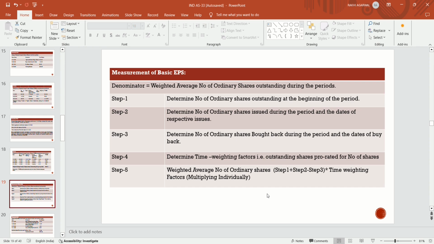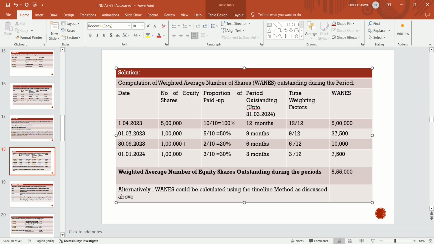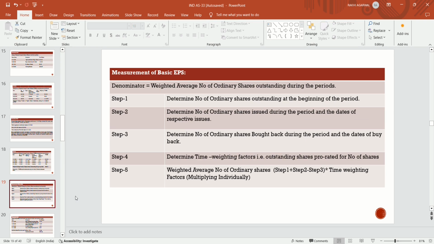We will explain with the help of an example, with the help of tables, that for every share, opening balance, fresh issue, we will give the time weighing factor for each and every item individually to calculate the denominator, that is the weighted average number of shares outstanding during the period.